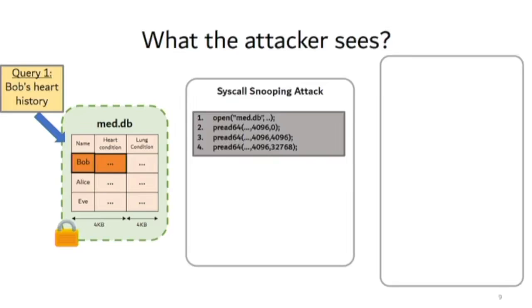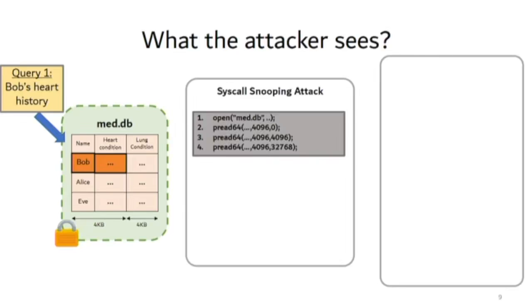The first and the last one correspond to the offset of the row. So if we exclude the first two, then we simply access the seventh row within this database, because each row is 8 kilobytes.